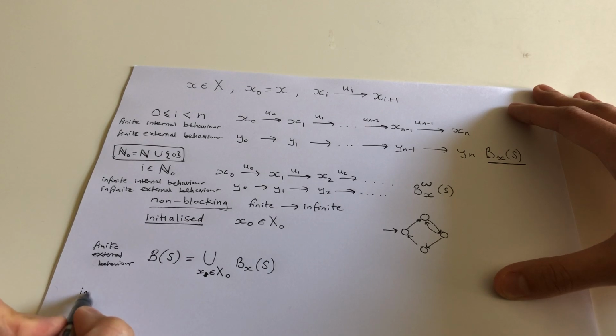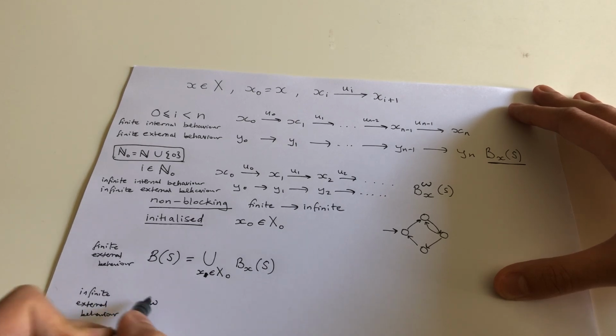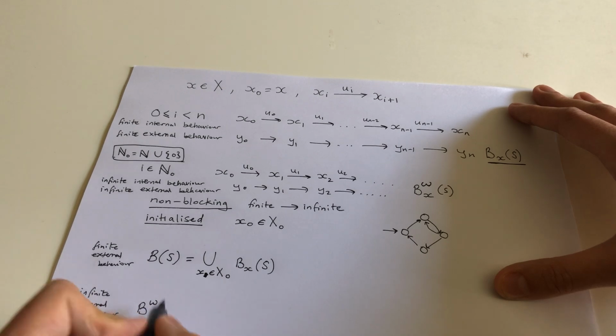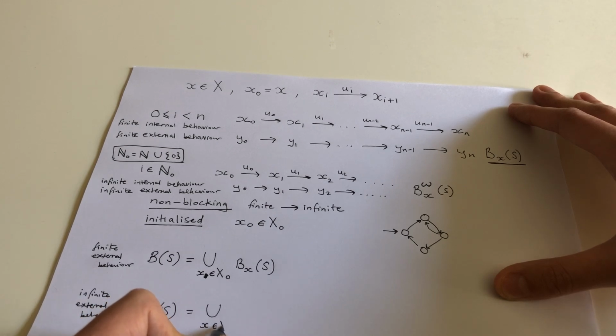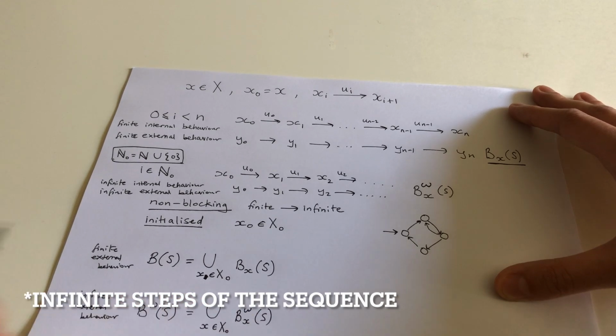And in the same way, we can describe infinite external behaviour as B with the superscript omega of our system, which is just the union of all the states in our initial state and their behaviours in infinite time. There we go.